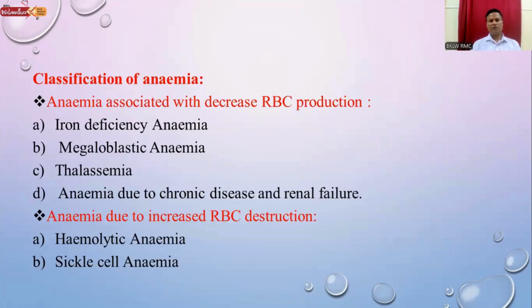Now, anemia is broadly classified as anemia associated with decreased RBC production, for example, in cases like iron deficiency anemia, megaloblastic anemia, thalassemia, anemia due to chronic diseases and in renal failure. And the second class is anemia due to increased RBC destruction, as in hemolytic anemia and sickle cell anemia.